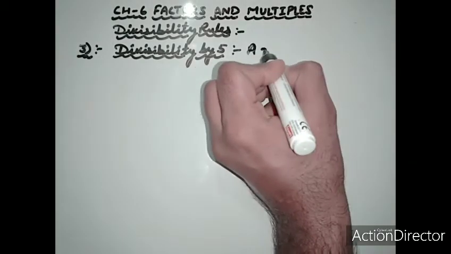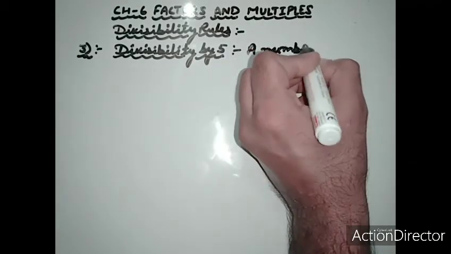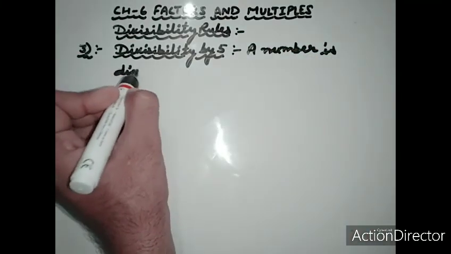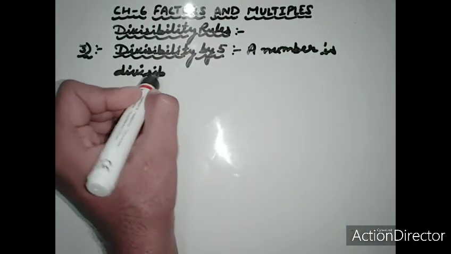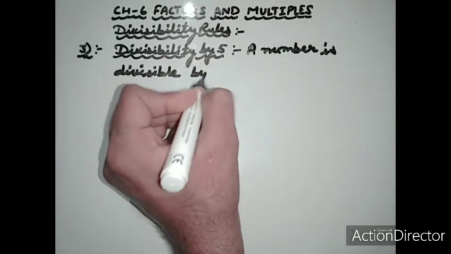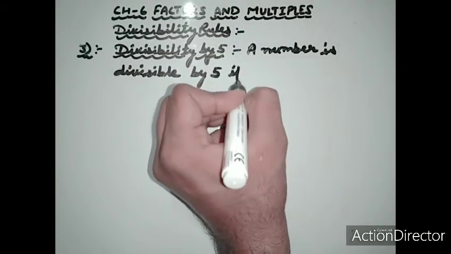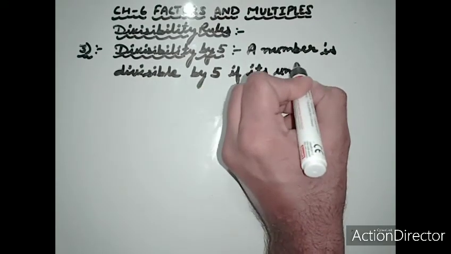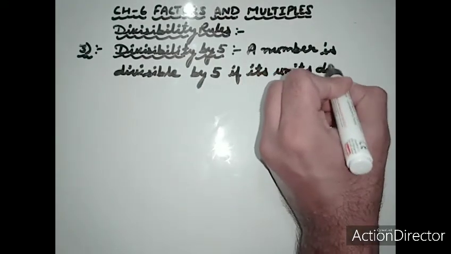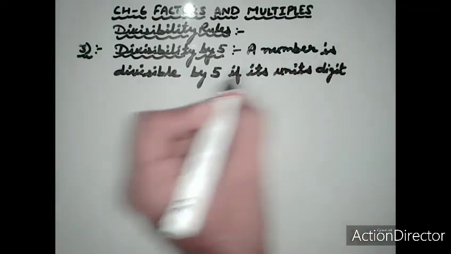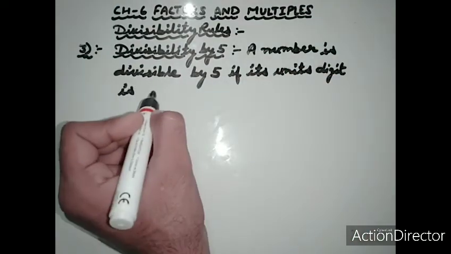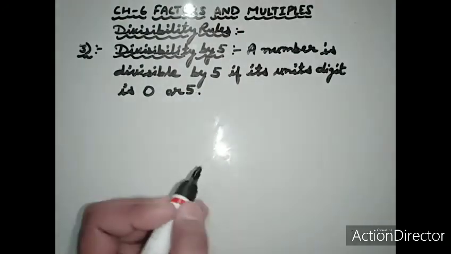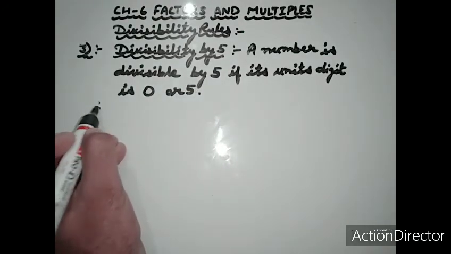A number is divisible by 5 if its units digit is 0 or 5, right?